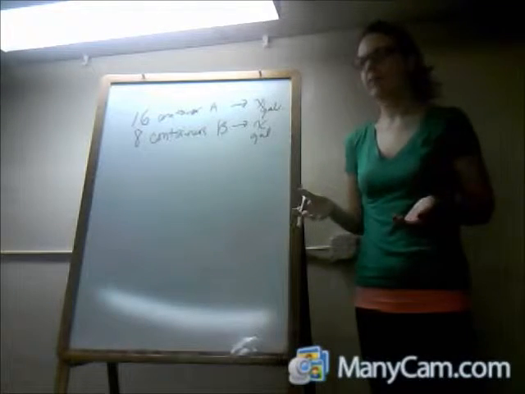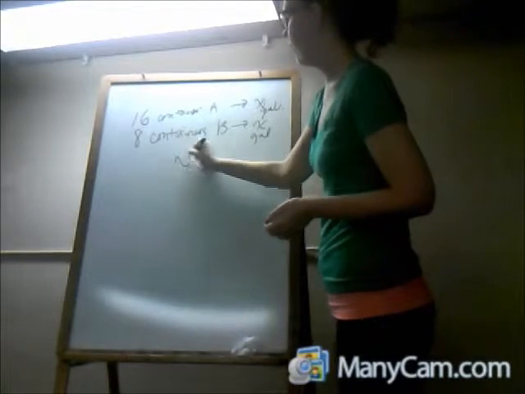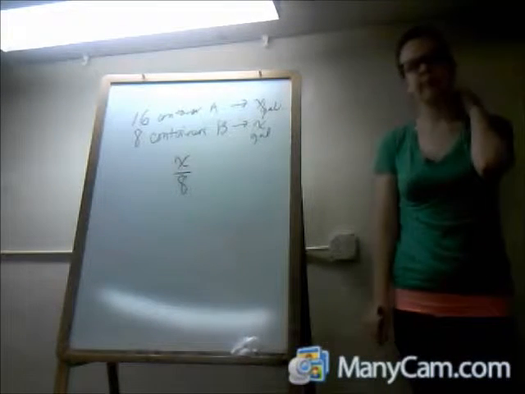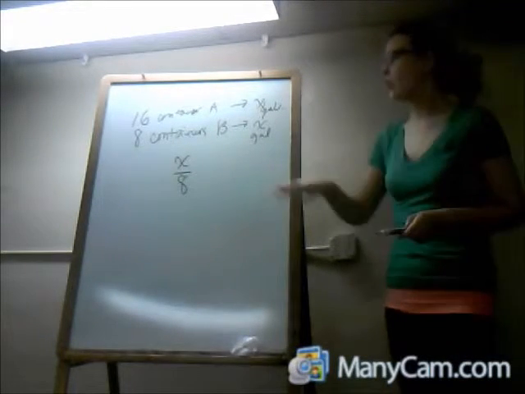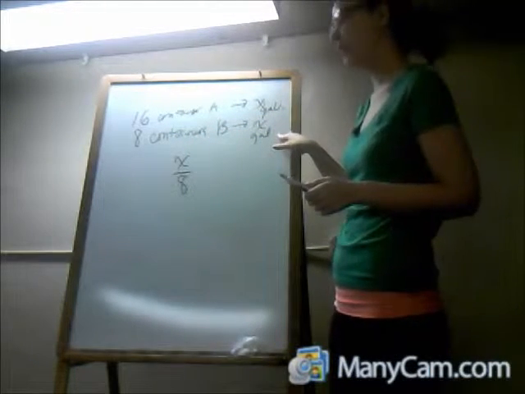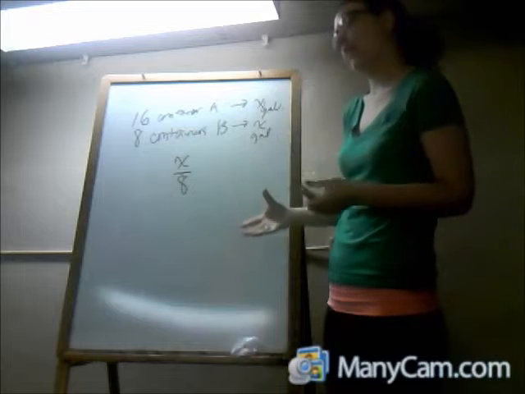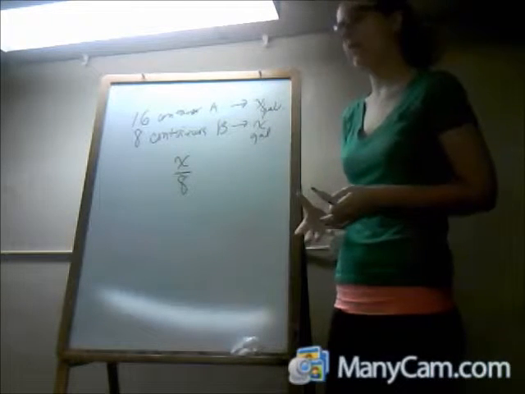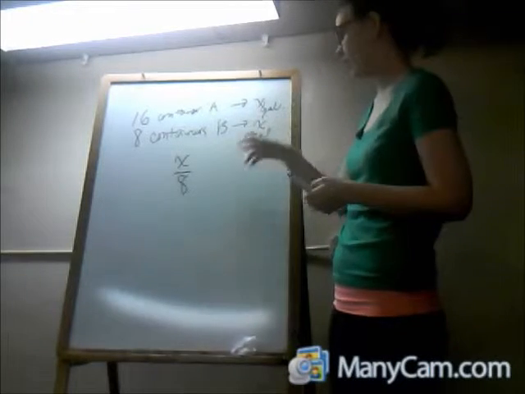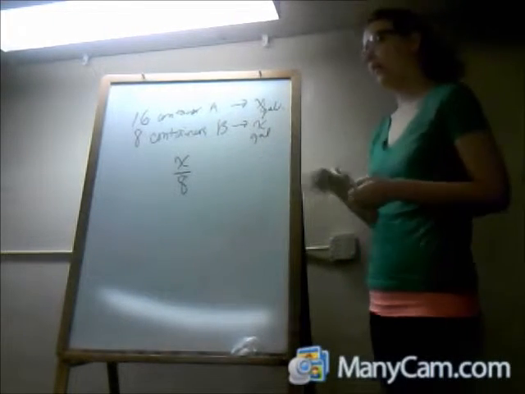So to find the capacity of each container, we take this total capacity and divide it by 8, the number of containers. Wait, why by 8? Just because they say 8 containers in total have the capacity of X gallons, so we want to find how much water each one can hold individually. So if 8 of them can hold 100 gallons, we're going to say 100 divided by 8.